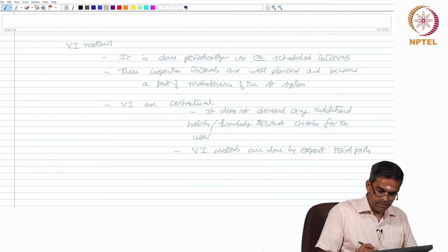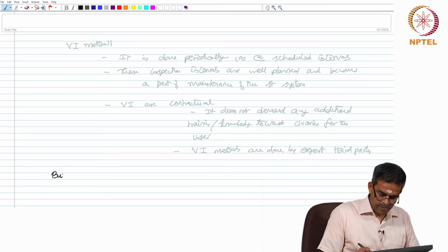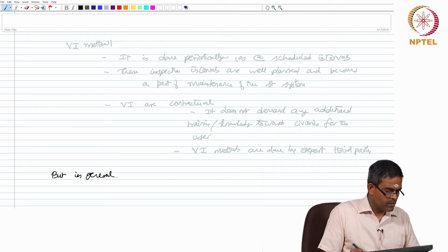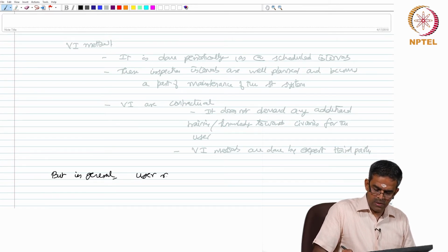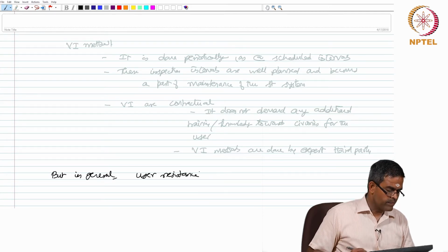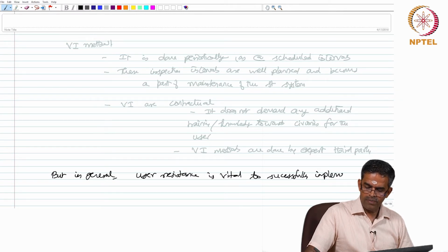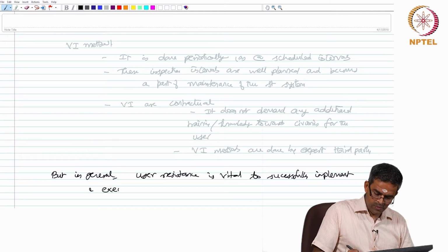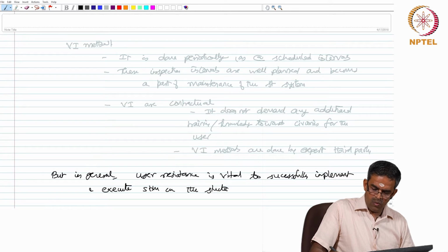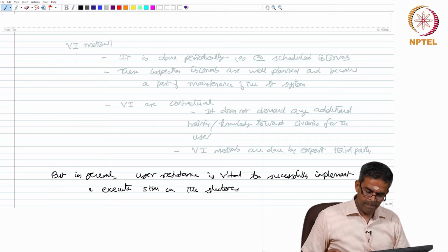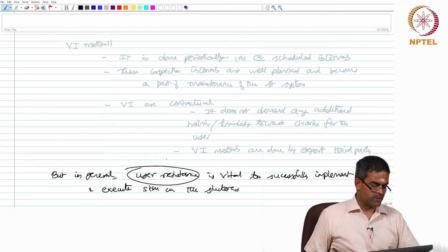But in general, user resistance is vital and important to successfully implement and execute SHM on the structures. So, one cannot ignore the user resistance in case of any one of the methods.